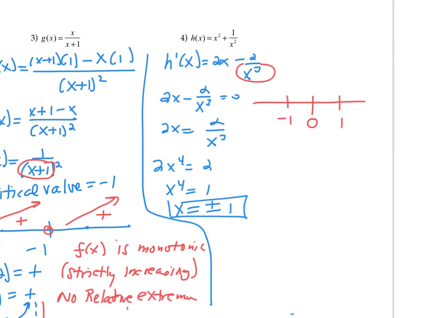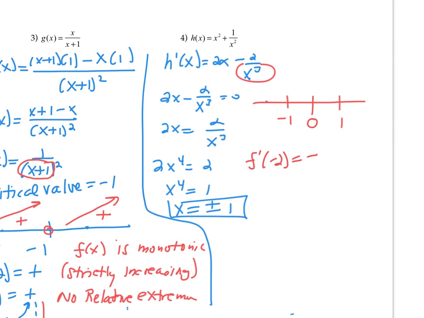Okay, so we're going to test out some numbers here. So we have 4 intervals, so we need to do 4 test values. So you want to take a look at the first derivative of, say, -2, because -2 would be in this first interval. And when you plug -2 in there, it would actually end up being a negative answer.